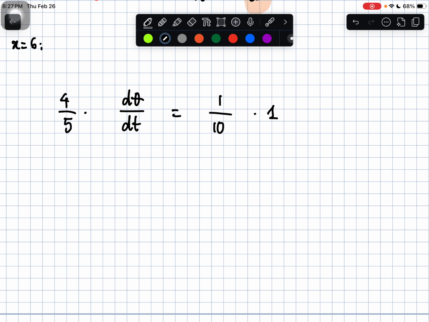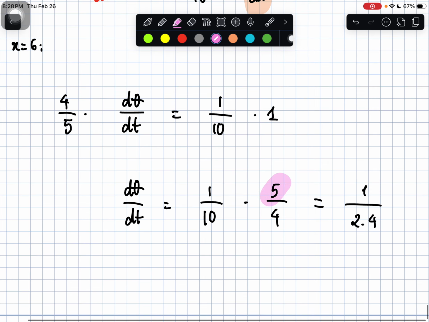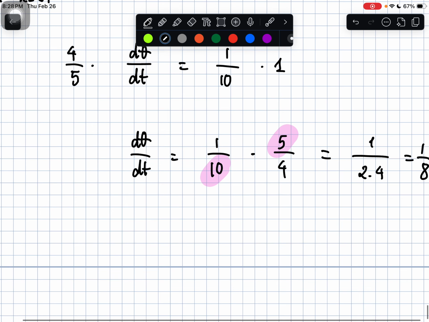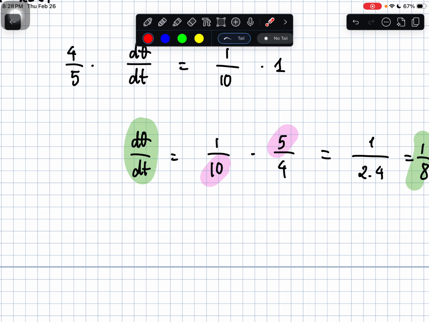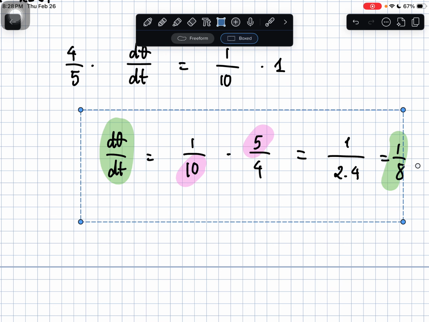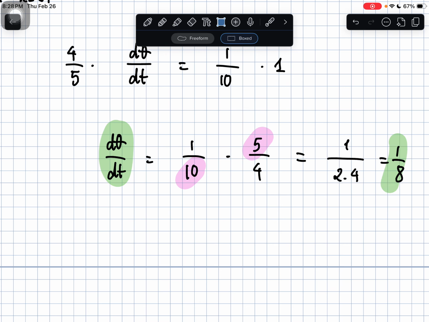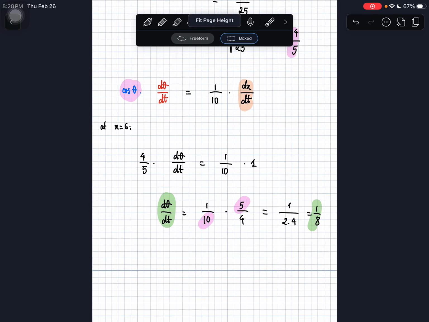So d theta over dt is 1 over 10 times 5 over 4, which is 1 over 2 times 4. I cancel this 5 out, so I have 1 over 8. So the final answer is d theta over dt is 1 over 8. That is the rate at which the angle is increasing. d theta over dt is 1 over 8.